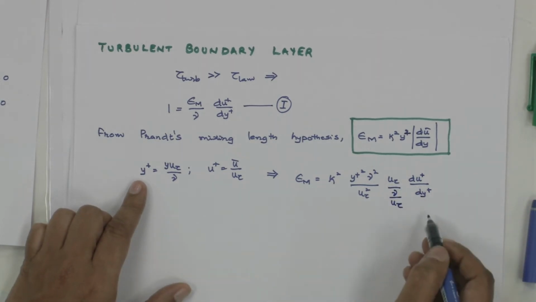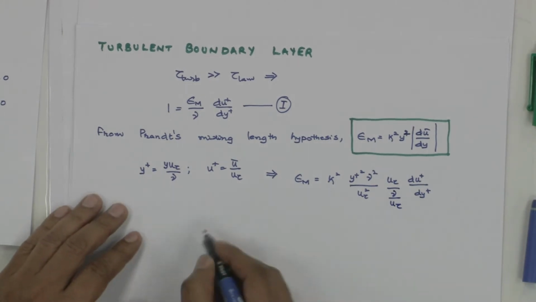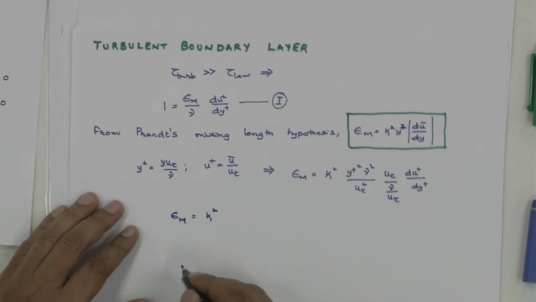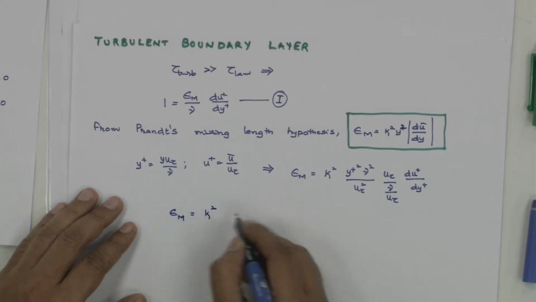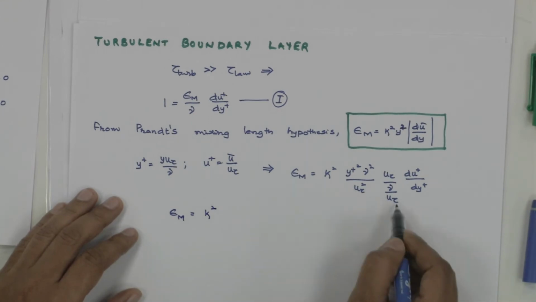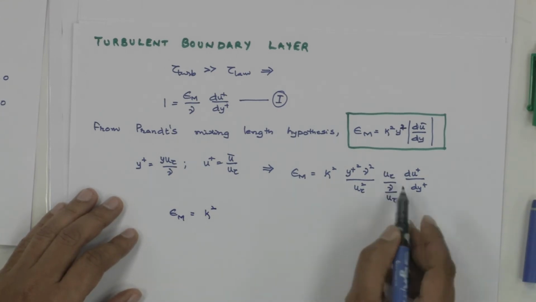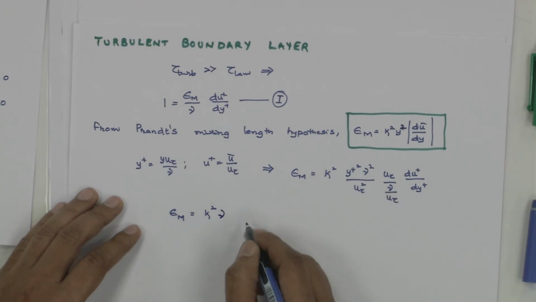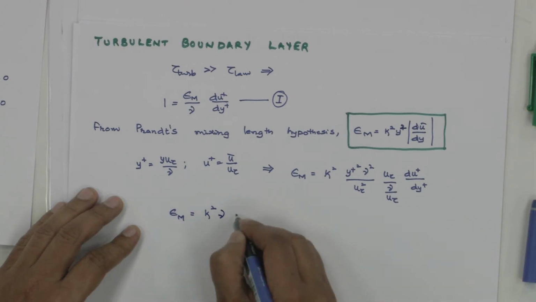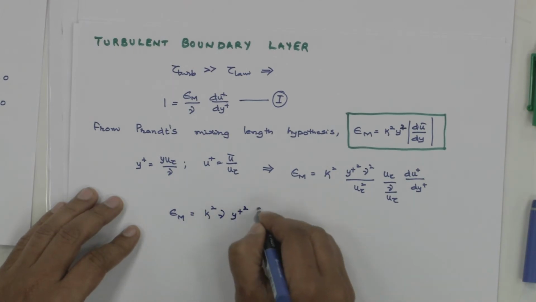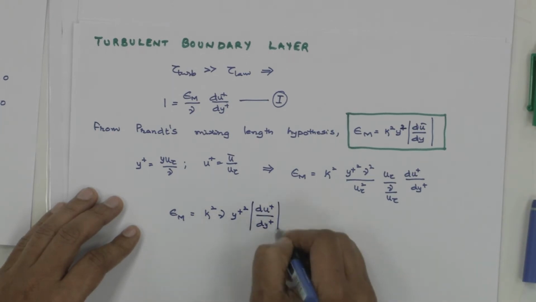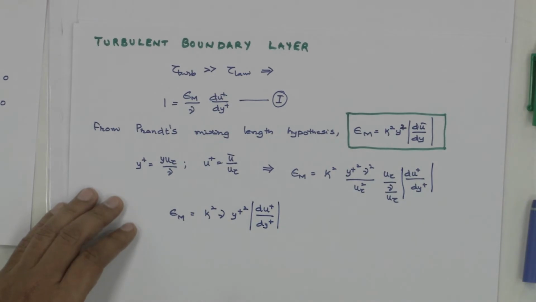This we have done earlier, so I have done it a little fast. So, epsilon m is equal to kappa squared, and here you see u tau squared gets cancelled out. So, nu squared by nu, you get nu, into y plus squared into du plus by dy plus within the mod. Here I forgot to write the mod.